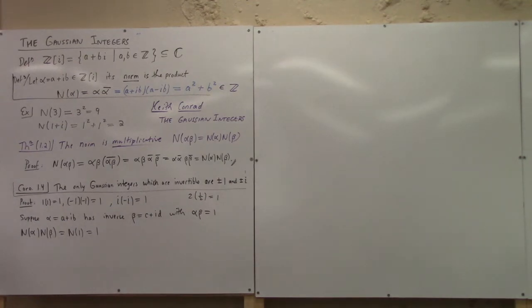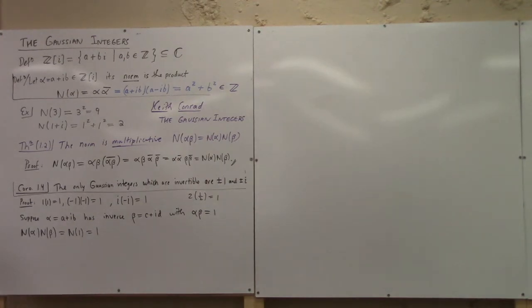The product of two integers is 1. What does that say about the integers? How can you get the product of two integers equal to 1? What are the only units in the integers? 1 and negative 1, right? But can it be negative 1?